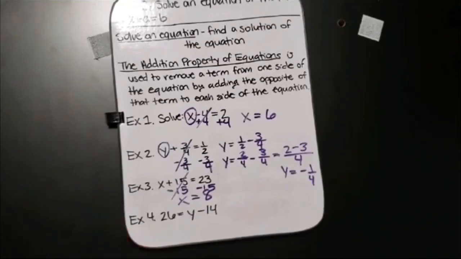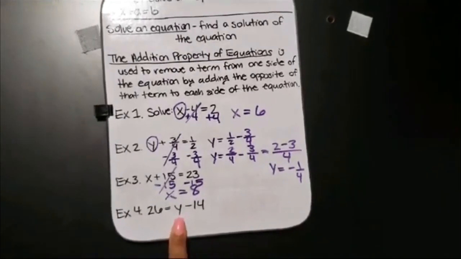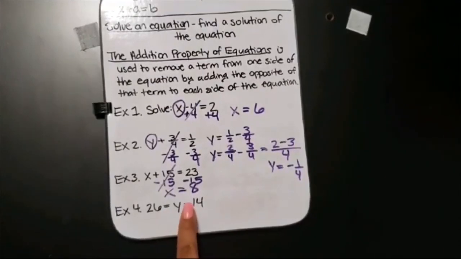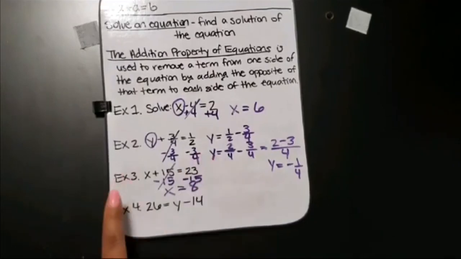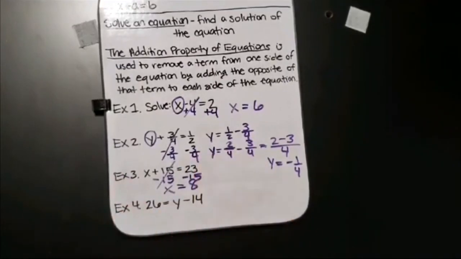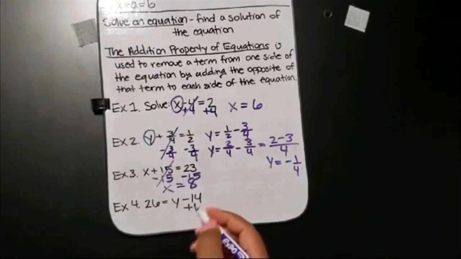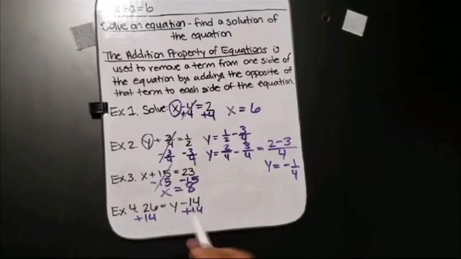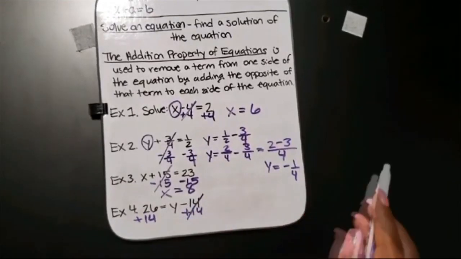So let's look at number 4. We have 26 equals y minus 14. So we want to find the variable. This is the variable that we want to get by itself. So for this problem, we have y, and we need to move the -14 over to the left side of the equation. So the way that we do that is we add 14. So -14 plus 14, of course, is 0.